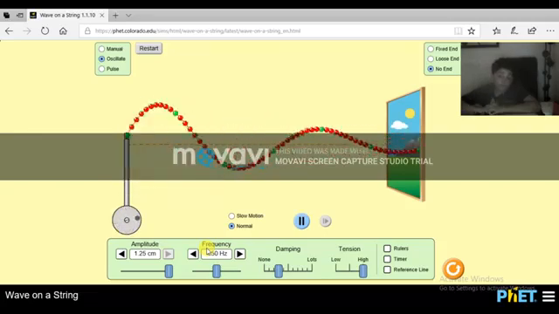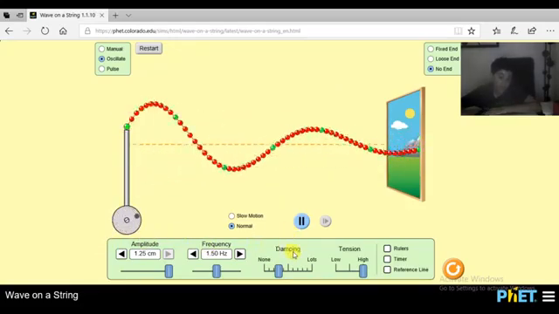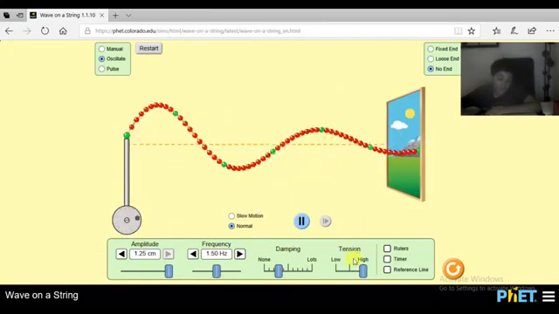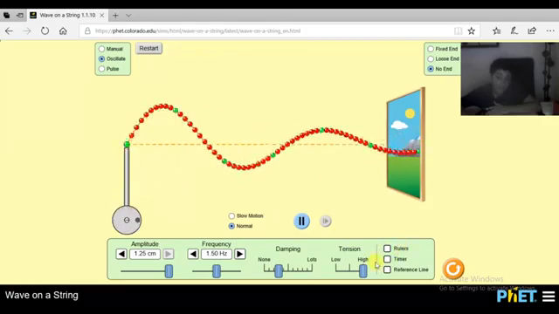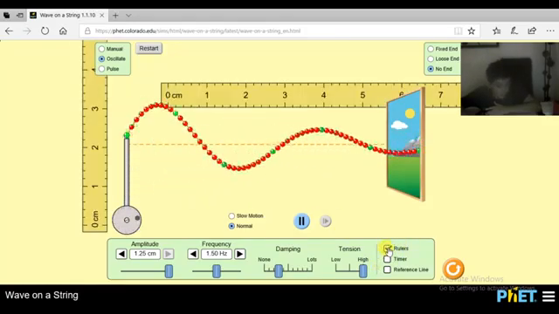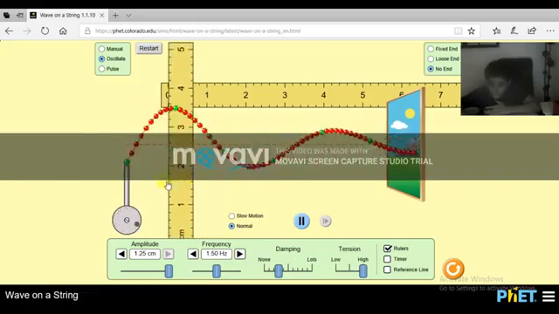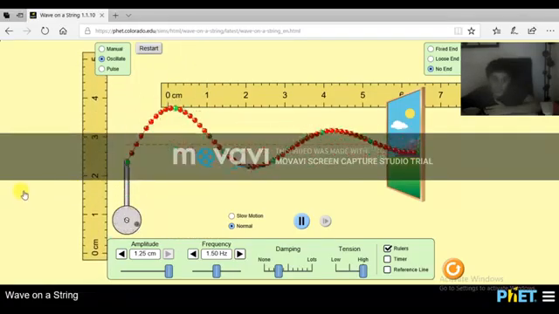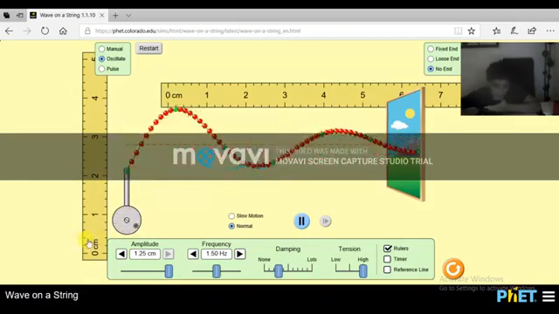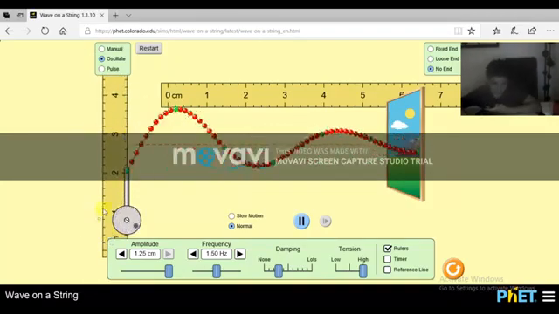Well guys, what have you learned today? We learned about amplitude, frequency, damping of the waves, tension, and the wavelength, for which you use a ruler. Amplitude is also measured in centimeters or meters.